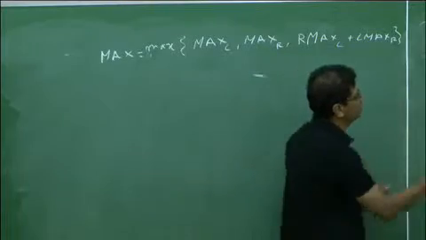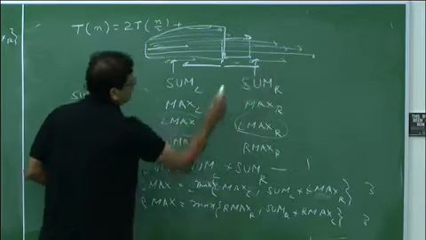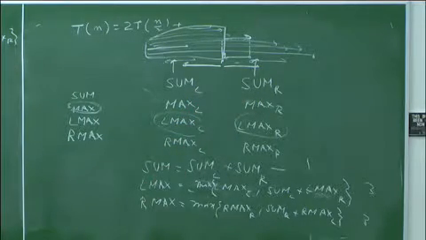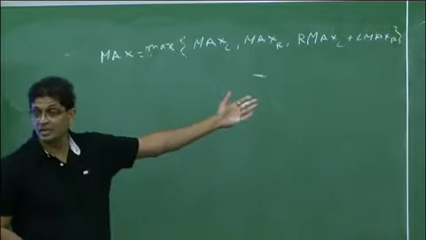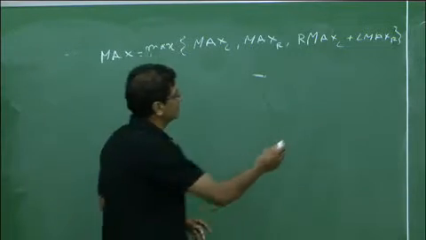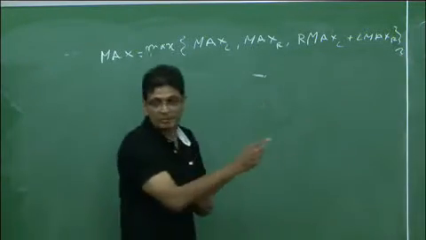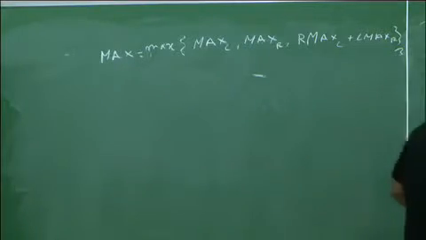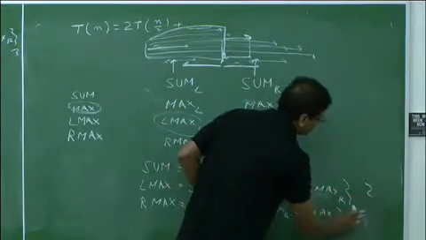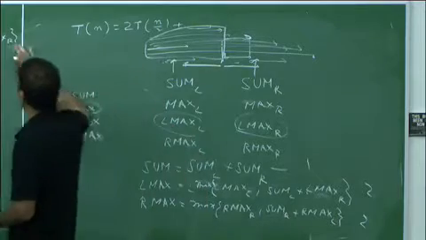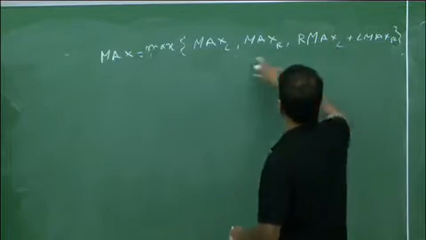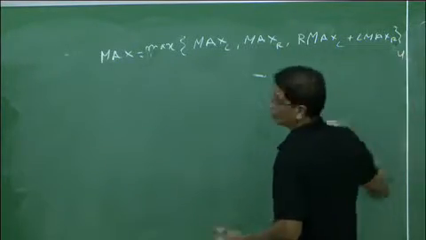L max of R is something which starts here and the maximum along that. Correct? How much time does this take? Suppose each of these takes 2 operations. This one will take 1, 2, taking the maximum of 3 plus 1 add, may take 4 operations, right?